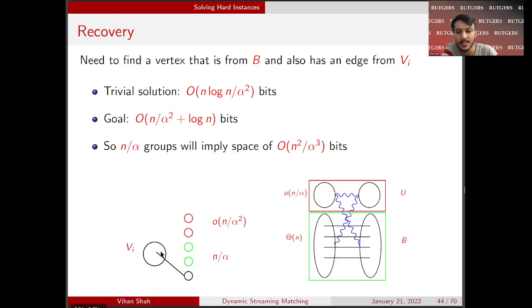You store all the edges of Vi. There are little o of n over alpha square edges to the red part and one edge here. So you can do it in space n log n over alpha square bits. But the goal is to do it in n over alpha square plus log n bits and not times log n. The reason for this is that this gives us a space of n square over alpha cube because the total number of groups is n over alpha. And this log n is a lower order term because alpha is much smaller than n to the 1/2.